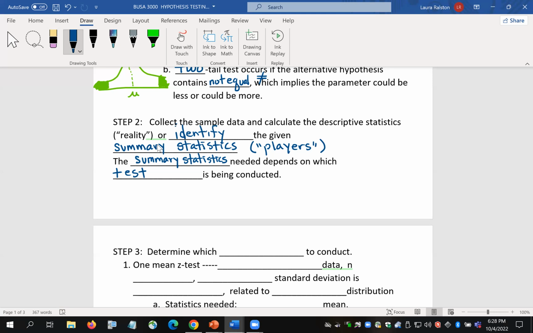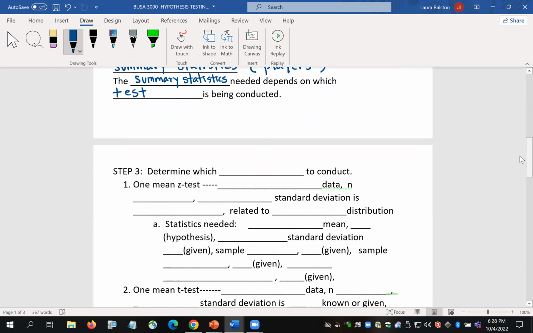So you collect your sample data and calculate your descriptive statistics, or in our case, you're going to identify the summary statistics. The summary statistics that you need depend on the test that you are going to conduct. And so really step 3 is going to be to determine which test you need to conduct. And in some cases, it might be that you do that step before step 2.